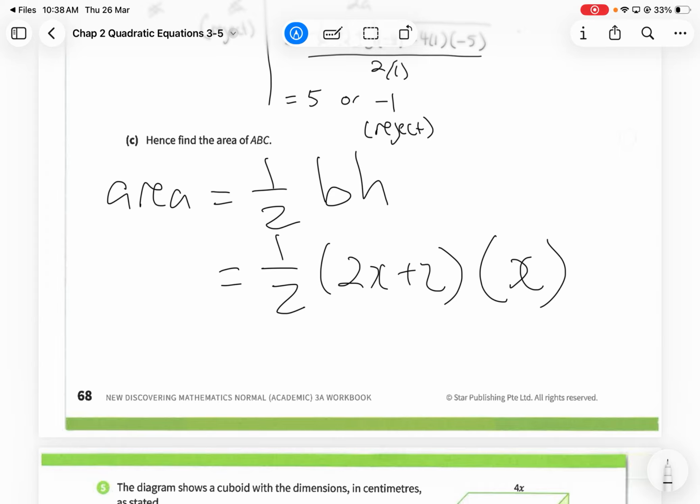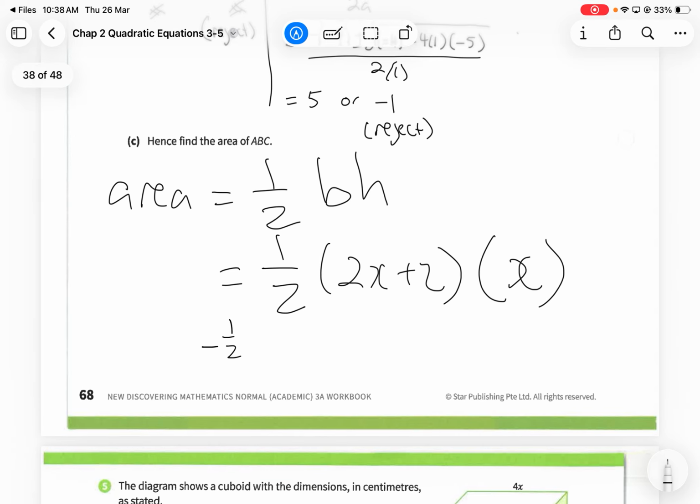Okay, so when I put x equals to 5 inside, substitution, replace the x with a bracket, put my 5 inside. Then I can key this inside calculator. Go, go, go. 12 divided by 2, 6 times 5, 30. Answer.